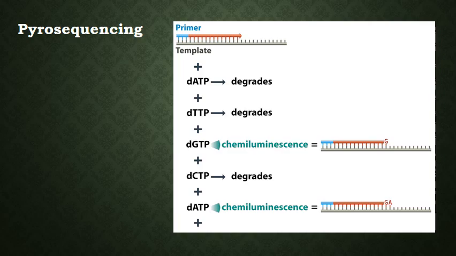This procedure makes it possible to follow the order in which deoxynucleotides are incorporated into the growing strand. The technique sounds complicated, but it simply requires a repetitive series of additions to the reaction mixture, precisely the type of procedure that is easily automated.